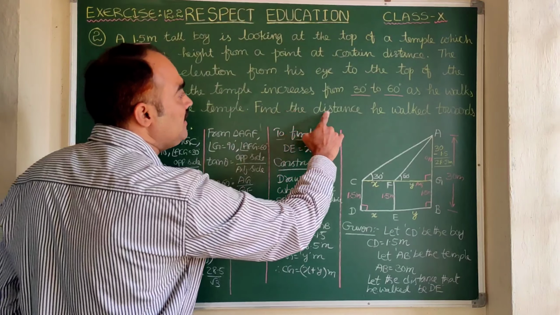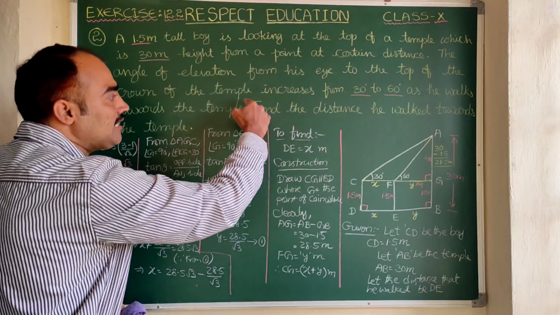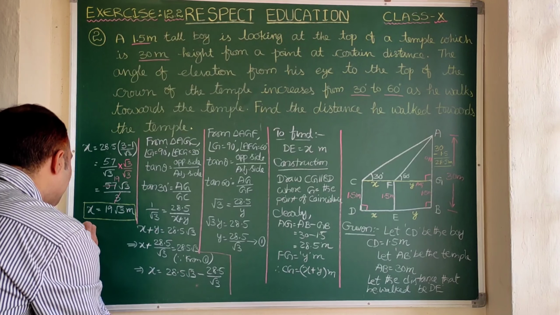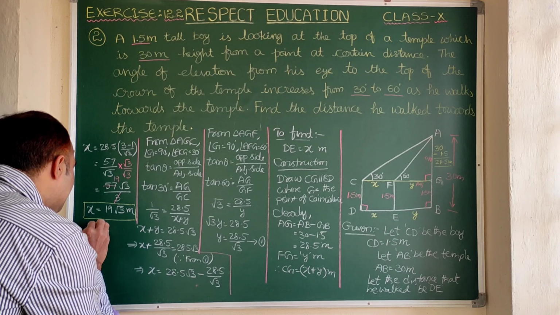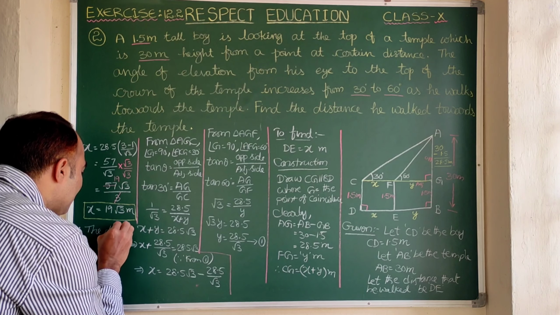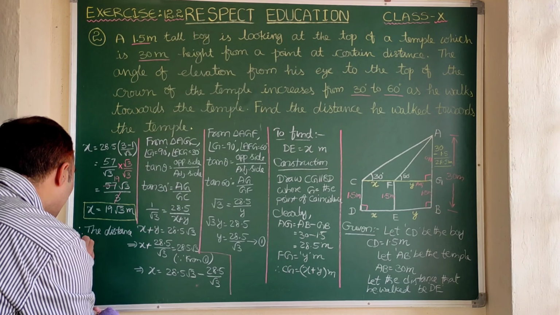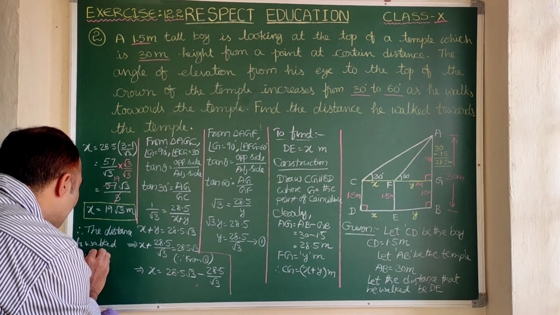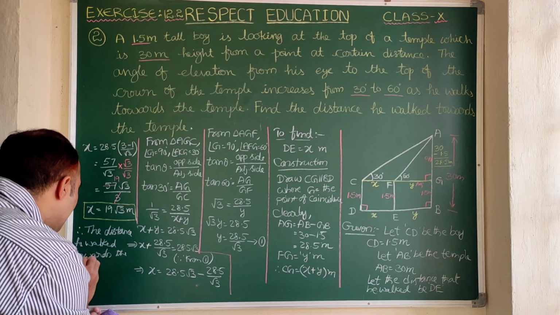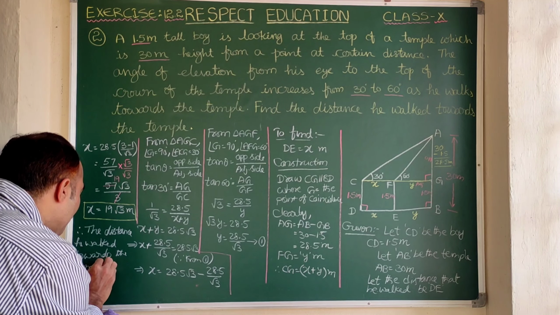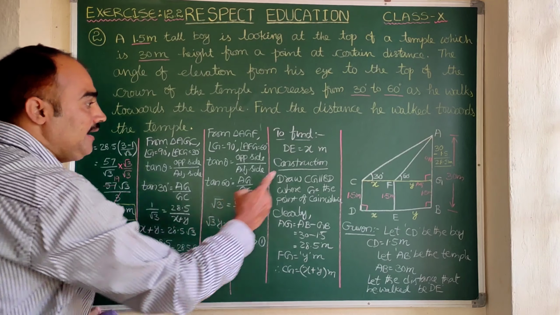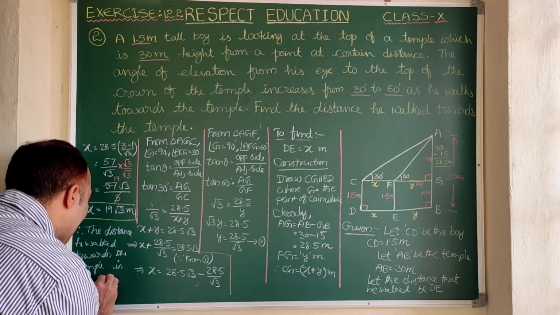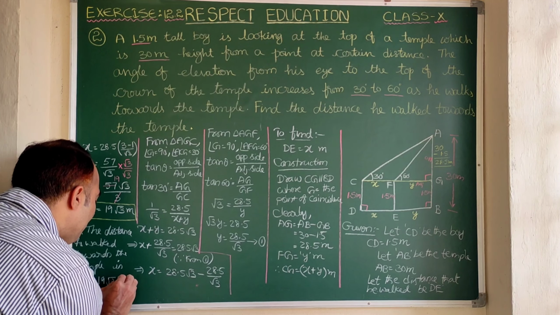See, find the distance he walked towards the temple. You cut the find, the remaining thing you have to write as it is. The distance he walked towards the temple is x meters, nothing but here 19 root 3 meters.